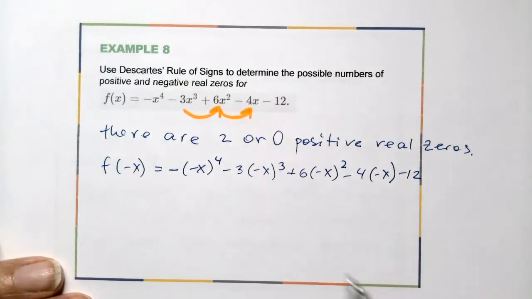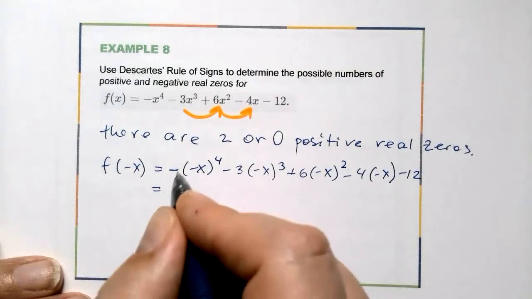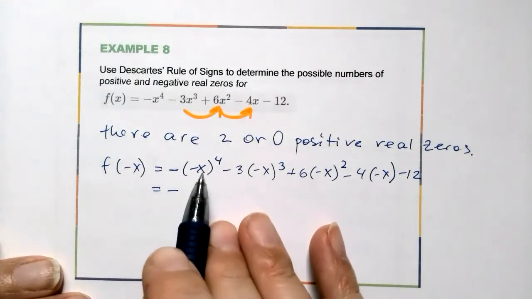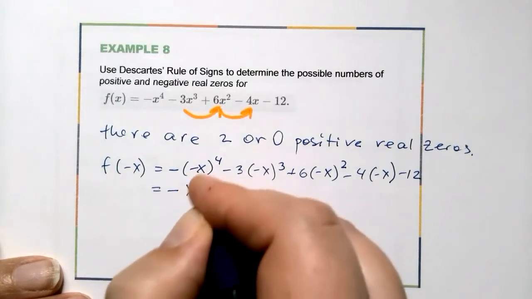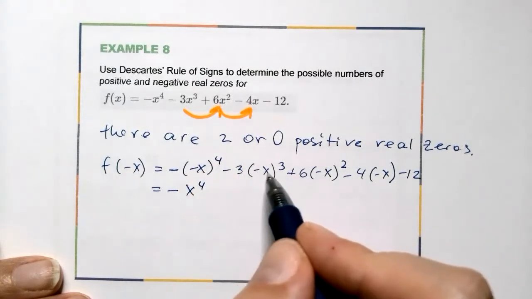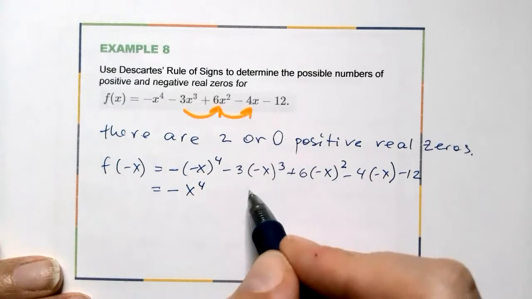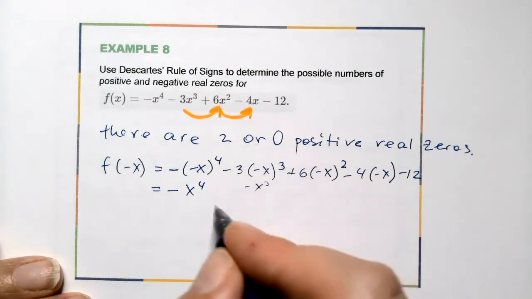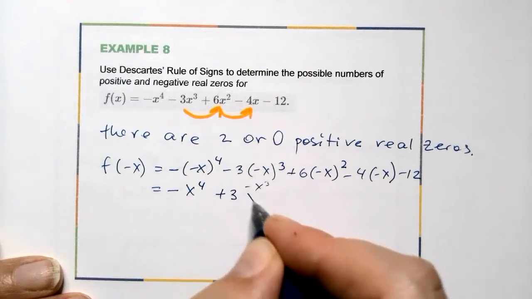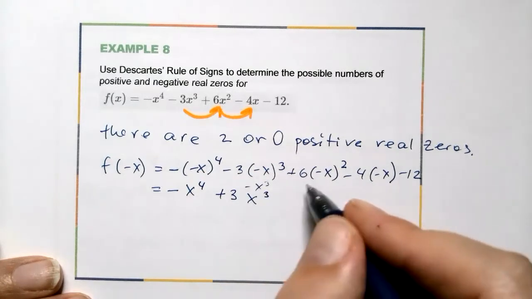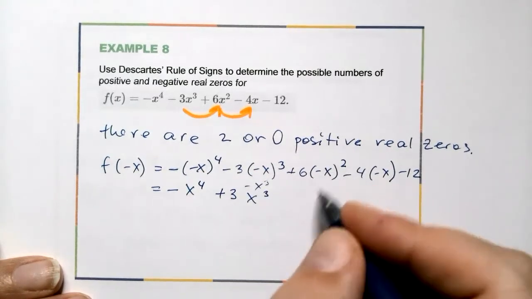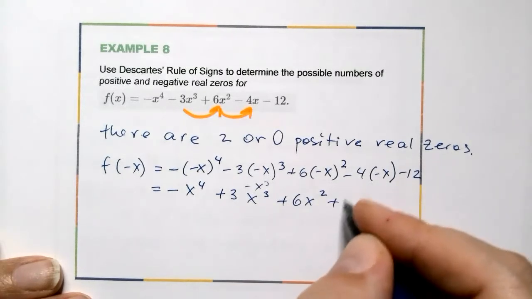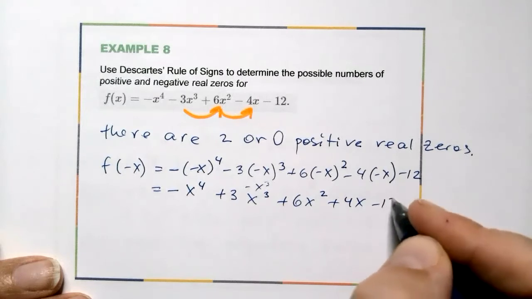Let's simplify. This negative is outside, this 4 has nothing to do with it, but negative x to the fourth becomes just x to the fourth. And negative x to the third multiplied by negative 3 gives us positive 3x to the third. And negative x squared is just x squared, so we have plus 6x squared plus 4x minus 12.